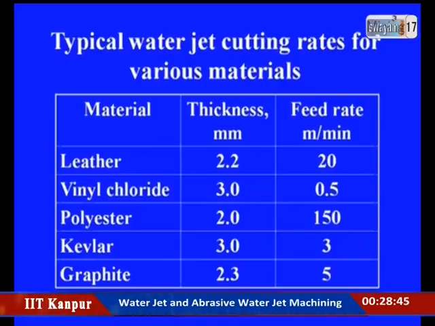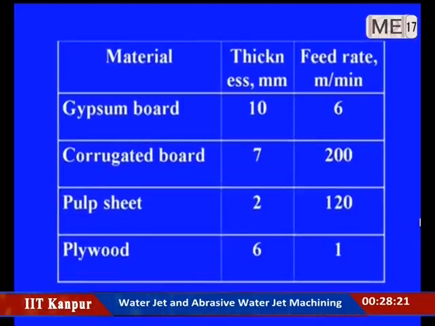Similarly, for polyester of 2 millimeter thickness, the feed rate is 150 meter per minute. For Kevlar of 3 millimeter thickness, only 3 meter per minute. Then for graphite of 2.3 millimeter thickness, 5 meter per minute is recommended.